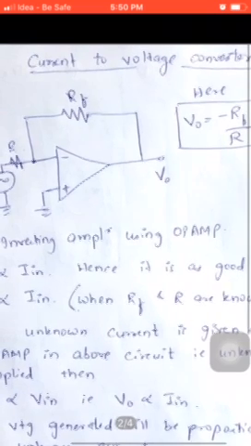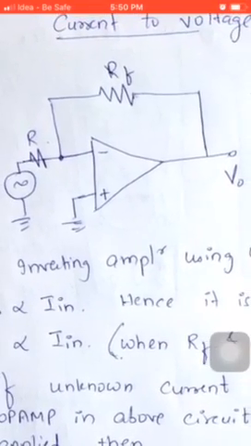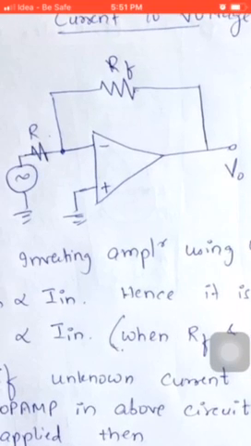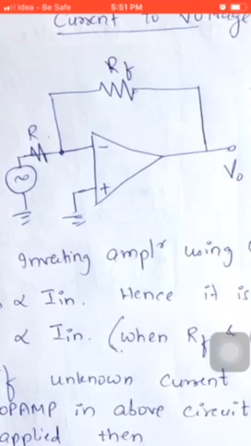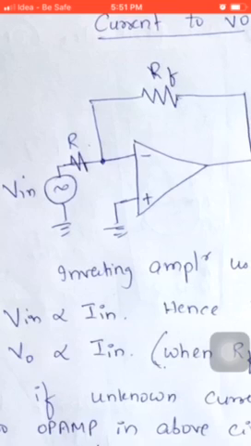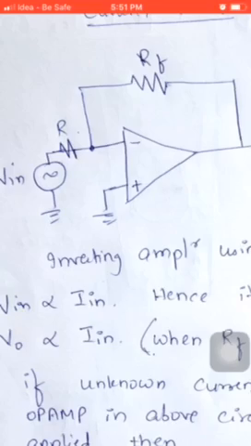But how? Now that can be explained with the help of this diagram. Okay, if you just have a look at this diagram, if you remember, we've done the op-amp circuit, and this is the circuit diagram of an inverting amplifier using an op-amp. In the inverting amplifier, if you can see, we have a feedback resistor RF, on the input side a resistor called R, then an input voltage termed V input, and then of course an output voltage called VO.